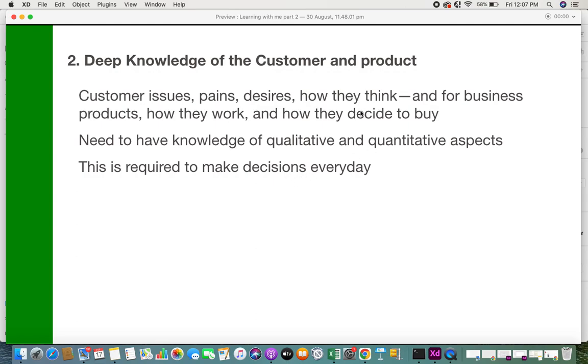Why you need to understand this is because product managers make decisions practically every day, and probably every hour or so. So in order to make decisions, there should be undebatable knowledge that they should be having in order to make those decisions. So they need to understand their customers and products well to take these decisions. So this is the second responsibility.